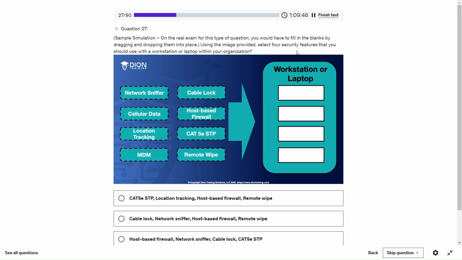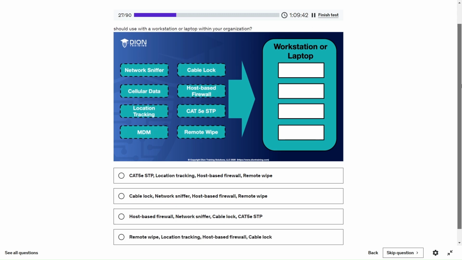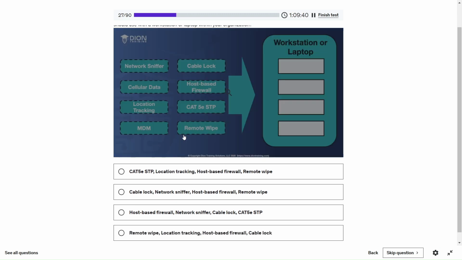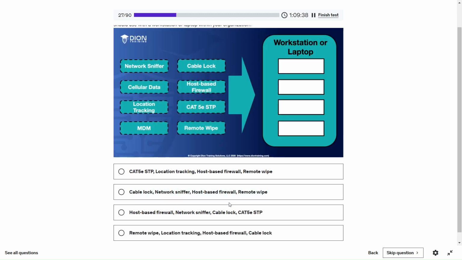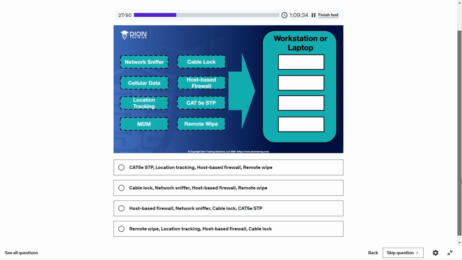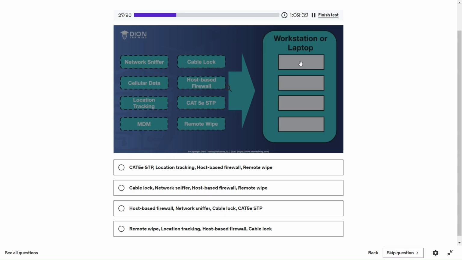Using this image, select the security features that should be used on a workstation or a laptop. Okay, workstation or a laptop. So there are firstly two main and two sub categories.